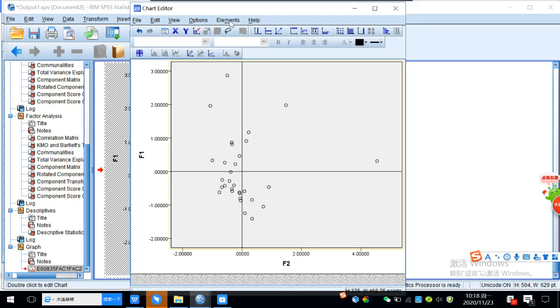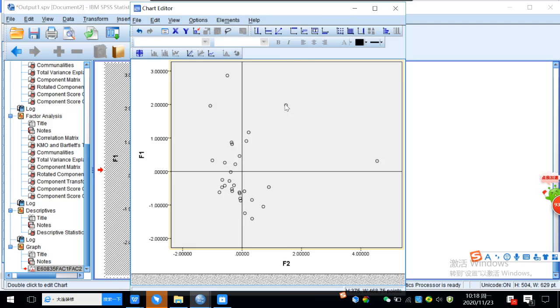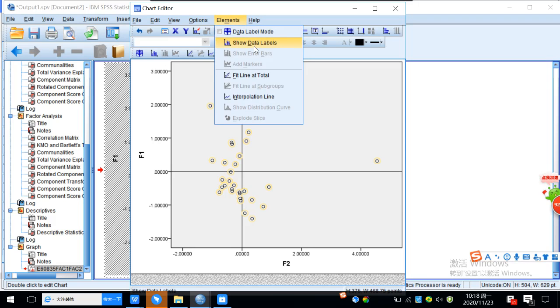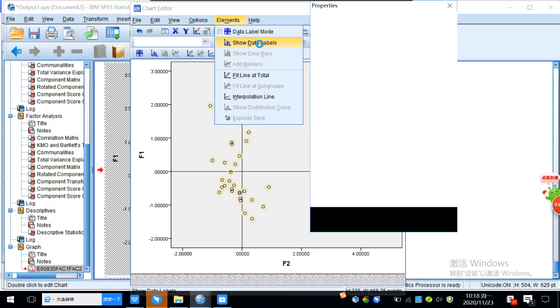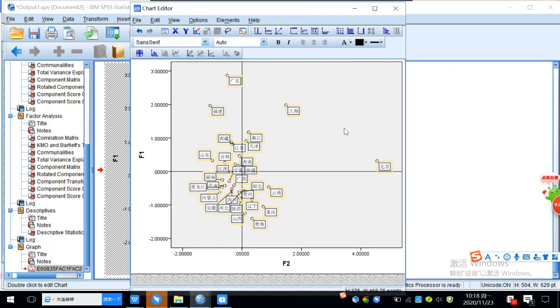Okay, let's look at which areas they are. Please click elements here. First click it, then element, show data labels. Here is Shanghai, here is Zhejiang. The Zhejiang is our university location. Shanghai, Beijing.